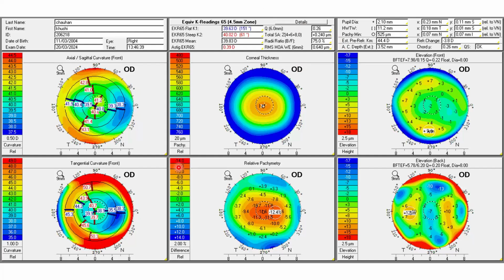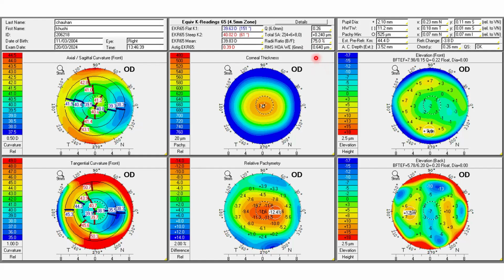Coming to an example, this is a patient who has undergone SMILE in the right eye. If we go through the data, we can see that the flat K1 and steep K2 are not that far apart, and the astigmatism of the EKR is very minimal. The back to front radius ratio is 75%, which indicates that some laser vision correction has been done.